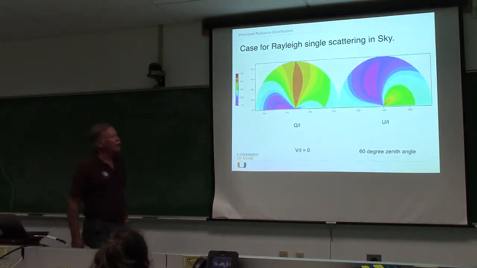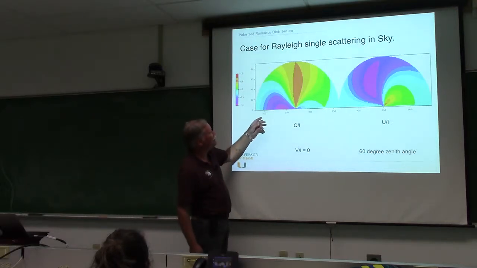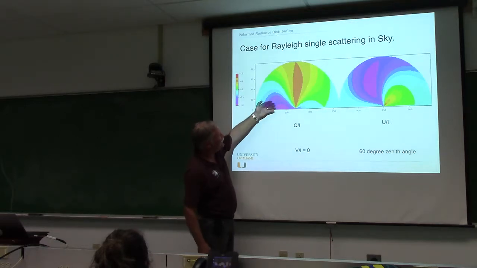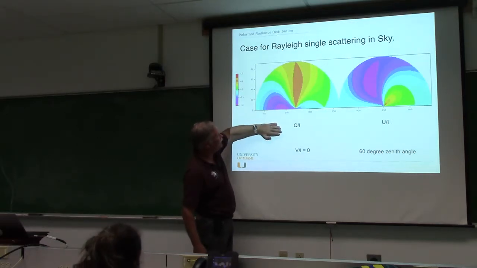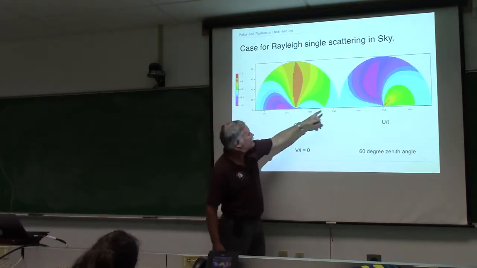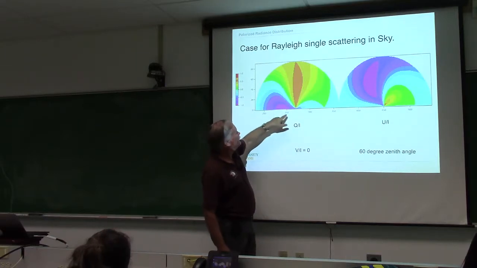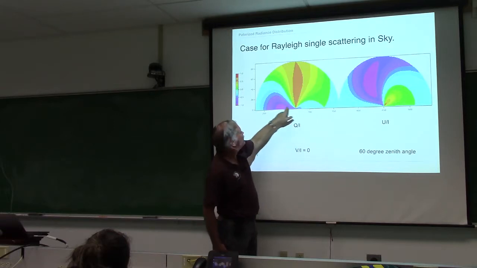The Q and the U elements look like this. Q over I and U over I looks something like this. Q is flipped over, is symmetric on the other coordinate. Here I'm looking, this is straight up. This is the horizon, and as I rotate around it, azimuth, this is toward the sun. This is away from the sun.